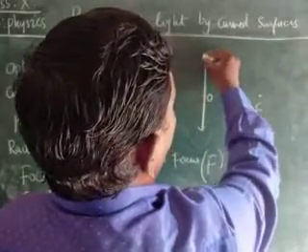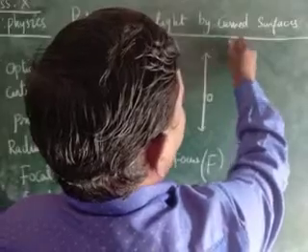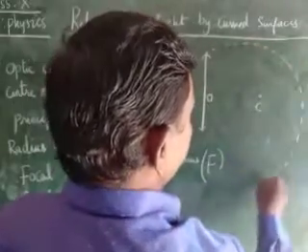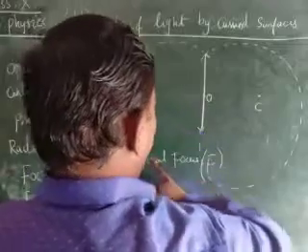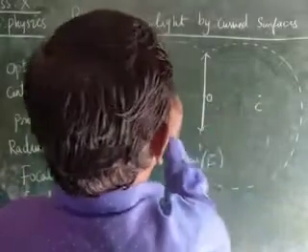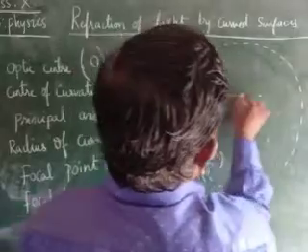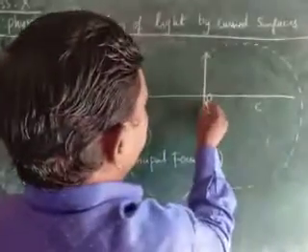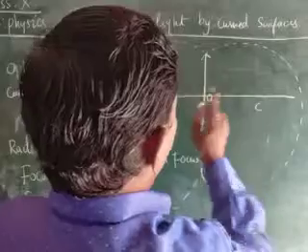Normally we get the center of curvature like this, and on this side like this. We get two centers of curvature. The line passing through the optic center and the center of curvature is called the principal axis.